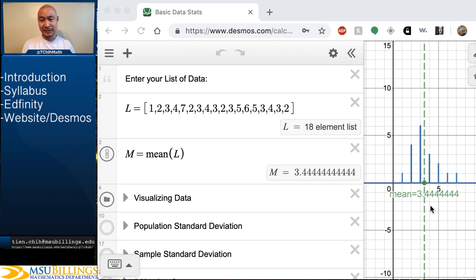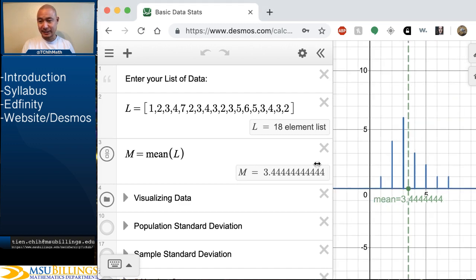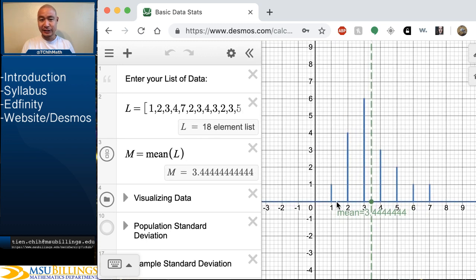We throw them into this list here, and on the right is a graph of each of the different values in our data set and its frequencies. So there's 1, 1, 2, 4s, 6, 3s, and so on.